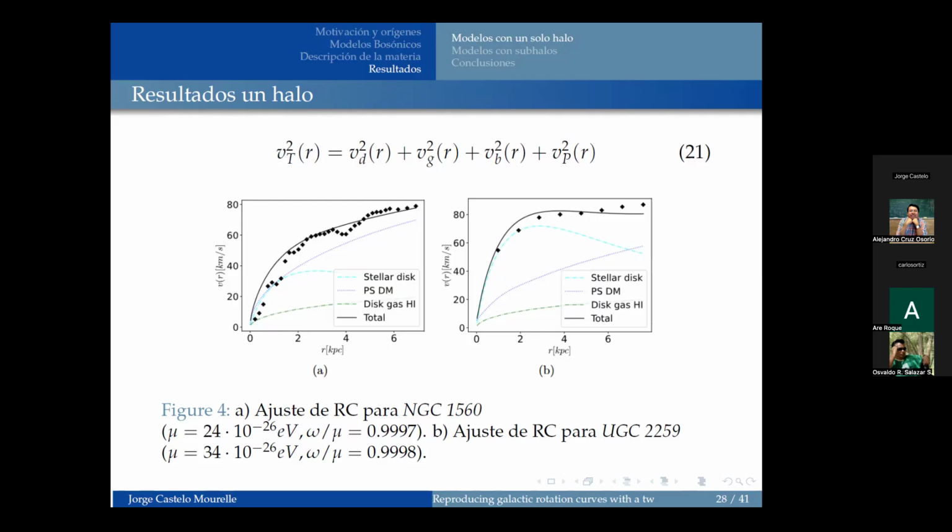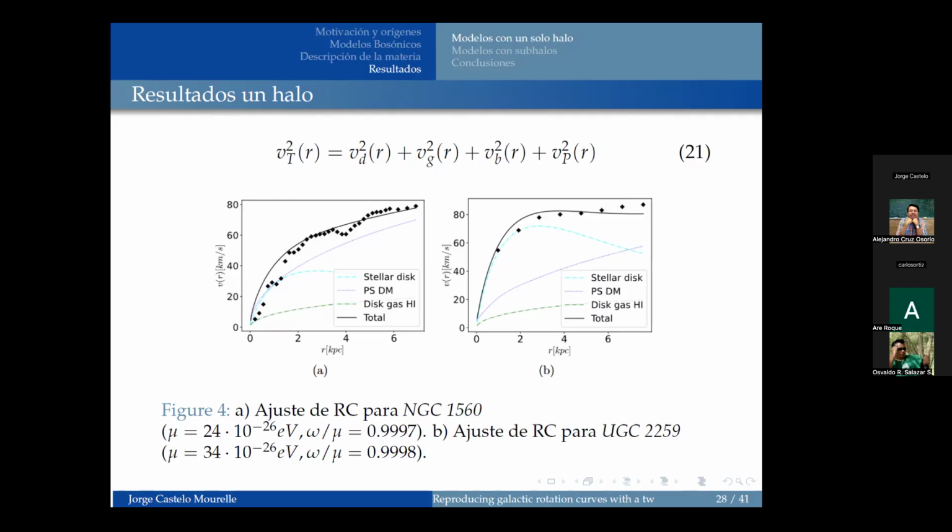If this value is close to 1, that means that the massive halo is not rotating very fast. That is what we expect. And the mass of the boson is in the order of magnitude that it should be for the Proca case. If we were using scalar bosons, this value would be very different. But for the Proca case, it is okay, and it has no conflict with observational things.